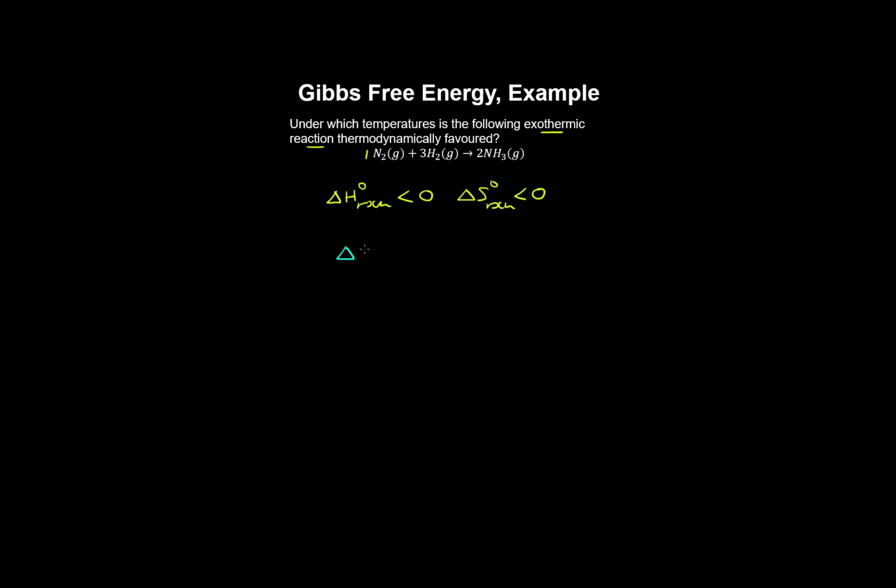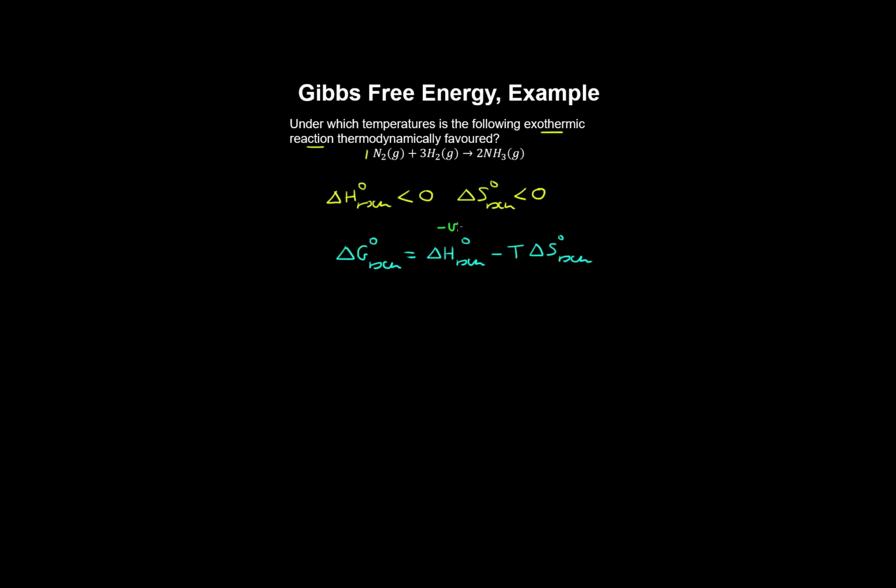So using the expression for the standard Gibbs free energy change of the reaction, we have the enthalpy of the reaction minus the temperature by the standard change in entropy.